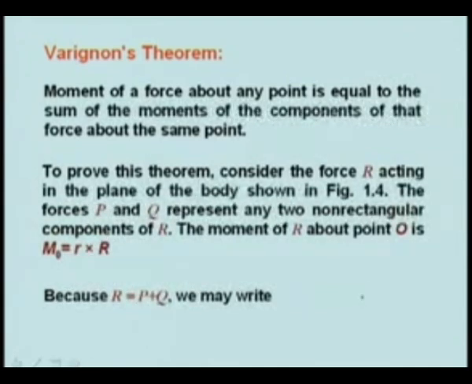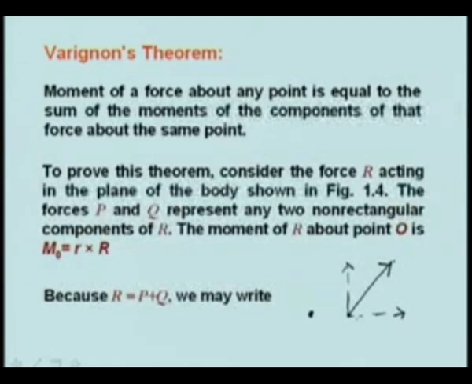That means if there is a force and I am interested to find out its moment about this point, I can resolve this force into two components and then I can find out the moment of these two components about this point O and add them, then it will be equal to the moment of that force.